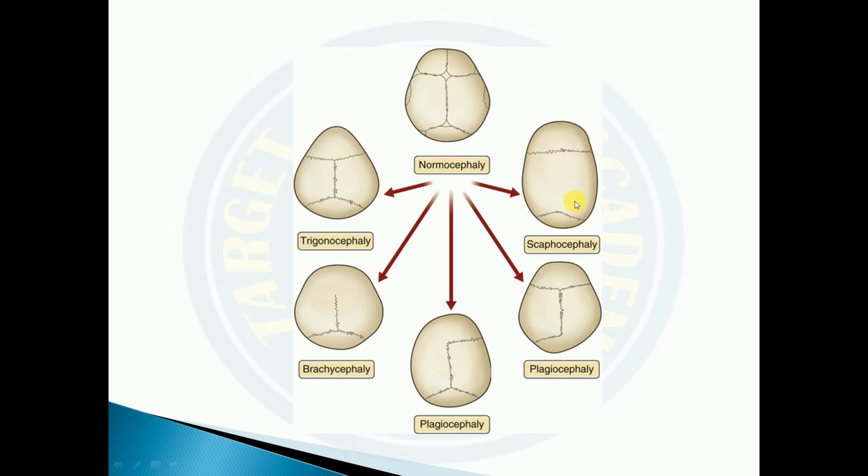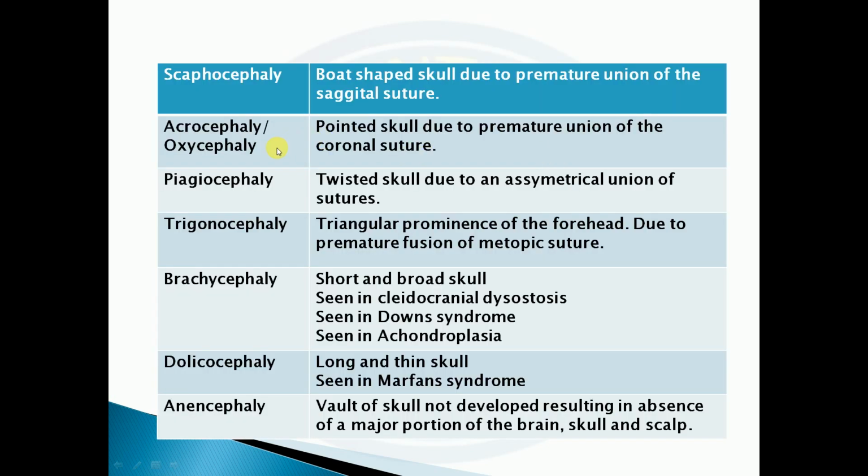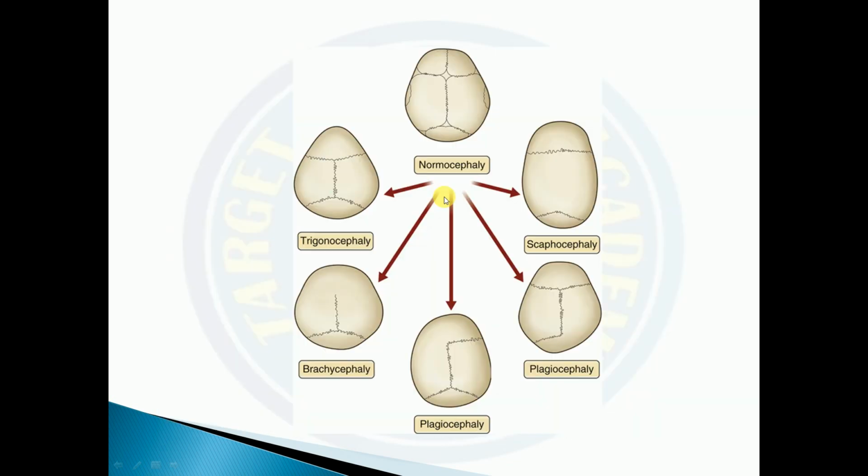Coming on to the oxycephaly, it is the pointed skull due to premature union of the coronal suture. Next is the plagiocephaly. It is the twisted skull due to an asymmetrical union of the sutures.